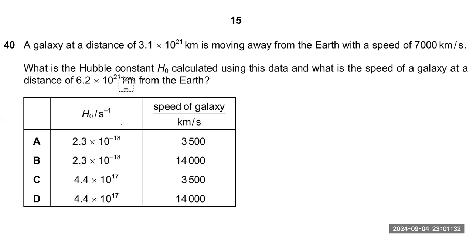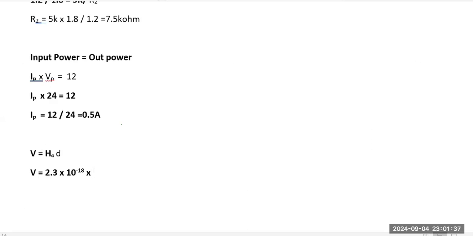You use kilometer as it is. So multiply 2.3 by 6.2, and from minus 18 plus 21 you will get 14.26 multiplied by 10 raised to the power 3.